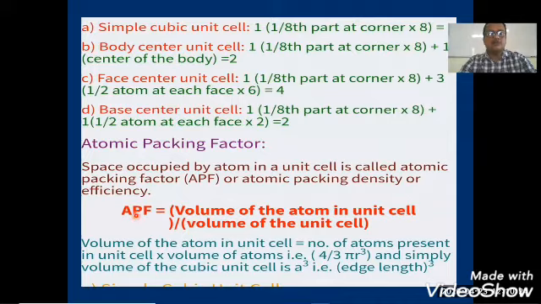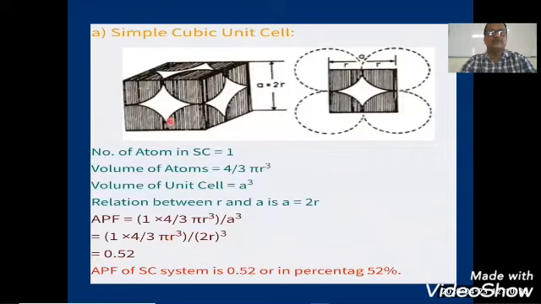Now let us try to find out the packing efficiency for the simple cubic unit cell. So this is a simple cubic unit cell. These are the units which are at the corner, and these are the voids, the open spaces, the volumes which are not occupied. The edge length is a, and we already know for simple cubic unit cell a is equal to 2r, where r represents the radius of this unit.